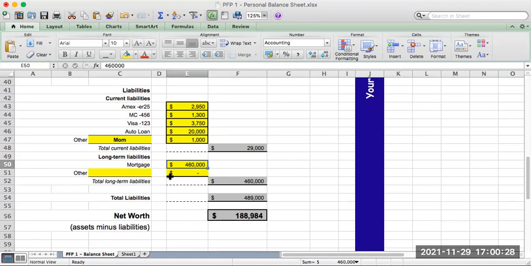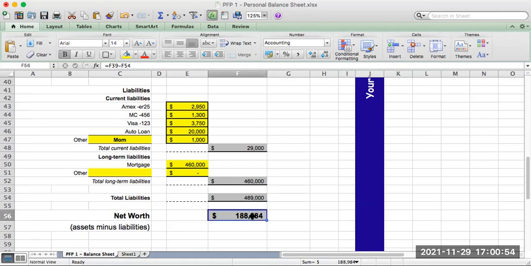This is debt that is repaid over 10, 15, 30 years, something like that. So that long-term liability total is $460,000. Now we take the total long-term liabilities, 460, plus the current liabilities, 29,000. That gives us 489,000.